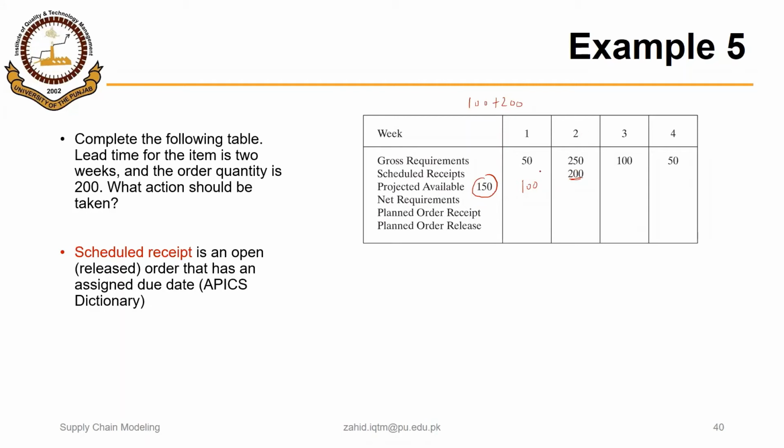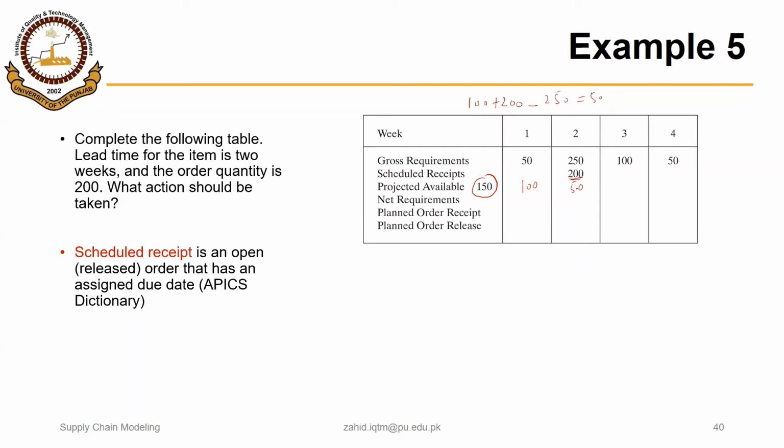So 300. Gross requirements are 250. So what we have on hand is greater than the gross requirement, and after meeting these requirements, we will have 300 minus 250, so 50 available at the end of week 2 as well.